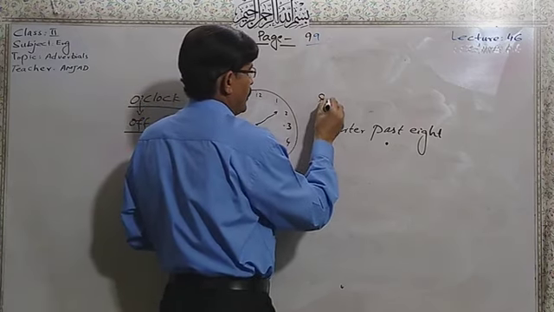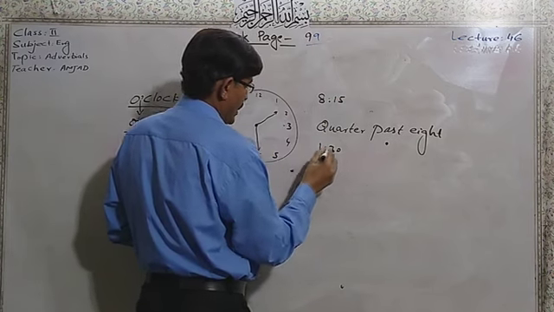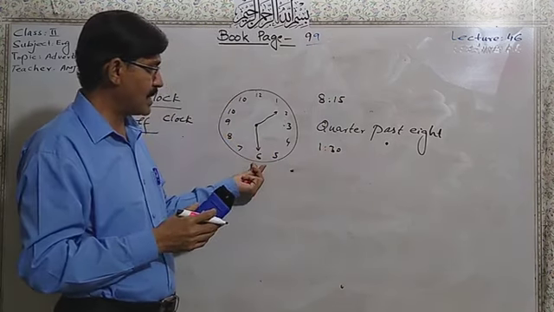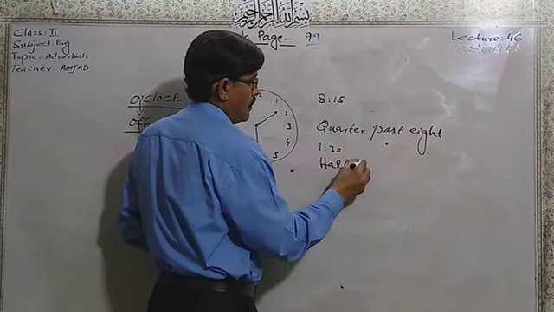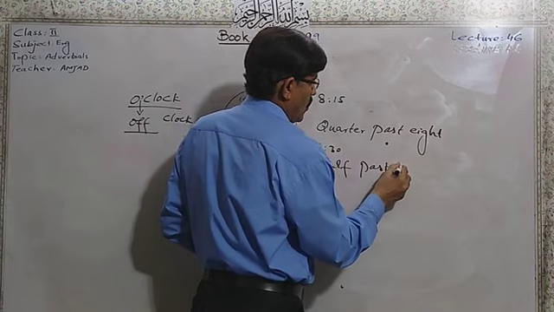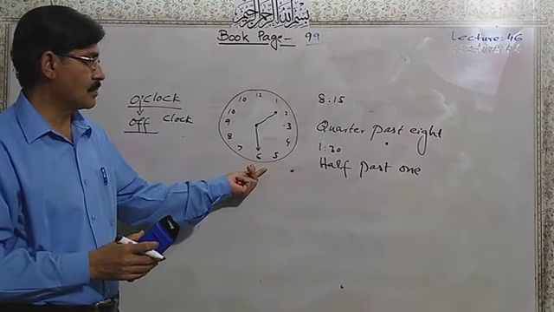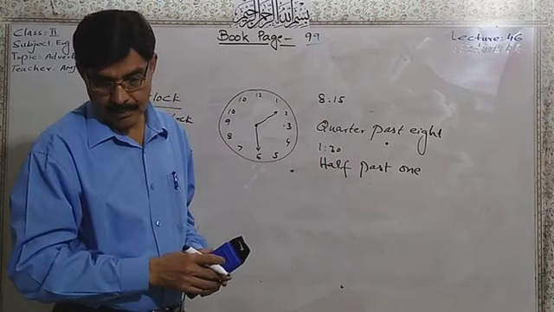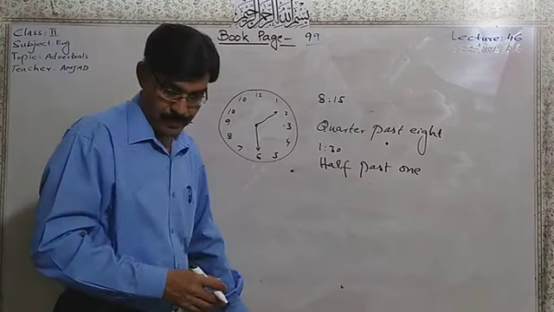It is 8:15 and it is 1:30. When we have 30, half past, this is 1:30. Like this, 1:30. Then 6 o'clock and others, like this.